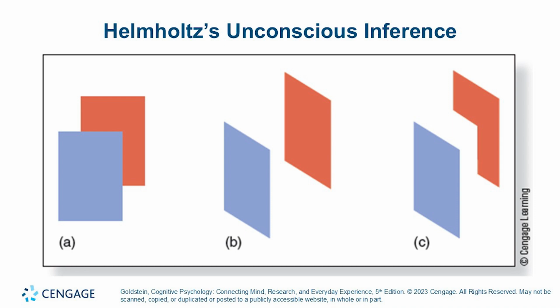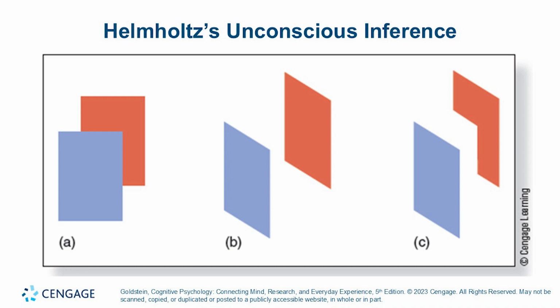So, for example, if we look at part A of the image, we can see that that particular bit of visual activation that we would get in the retina can be caused by different things in the real world. It could be caused by two rectangles standing one behind the other, where the red rectangle is partially obscured by the blue rectangle, and that's why it appears the way that it does.